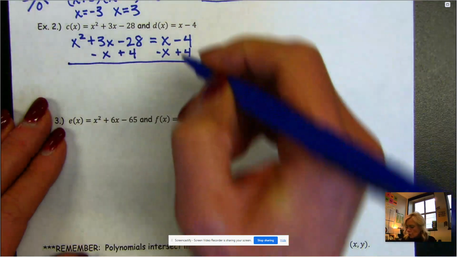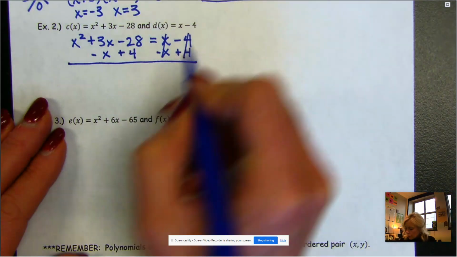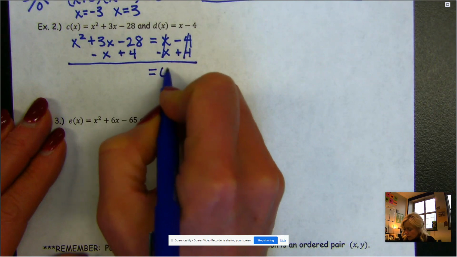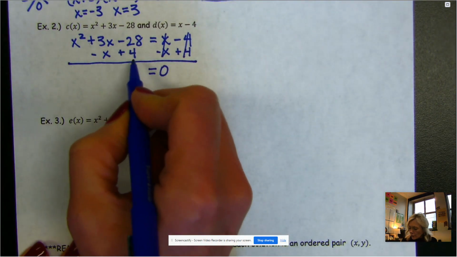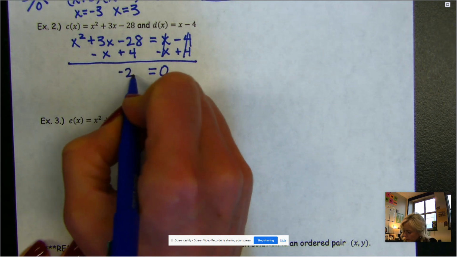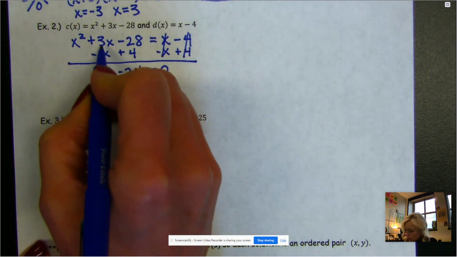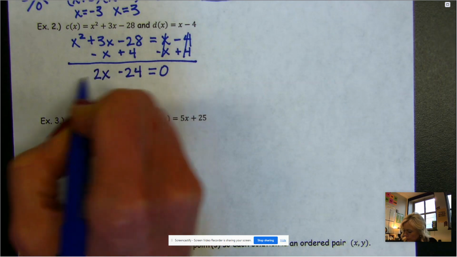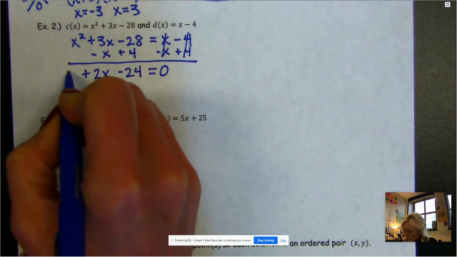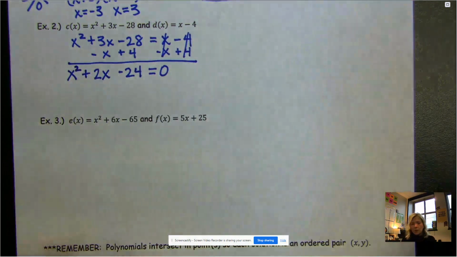And then when you total this, we have a 0 on the right side. I'm just going to go backwards. Negative 28 plus 4 is negative 24. 3x minus x is positive 2x. And then x squared just comes down.